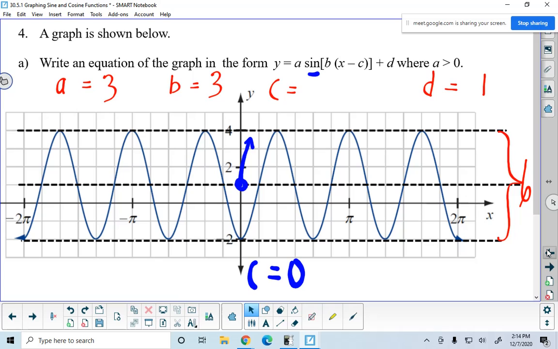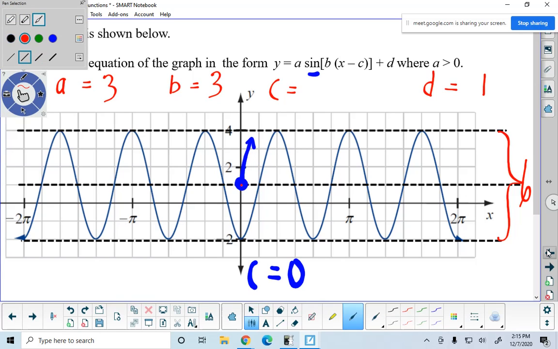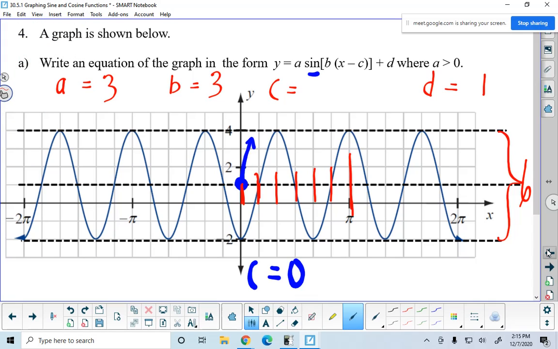I need to take this point and shift it over to here, and then it would match. So how much do I need to shift it? Well, I need to shift it whatever this little distance is. And if this is pi, there's 1, 2, 3, 4, 5, 6 marks in there. That means I need to shift it pi over 6 to the right.